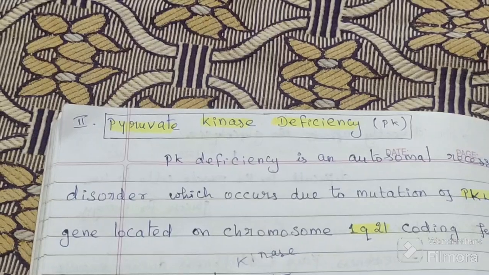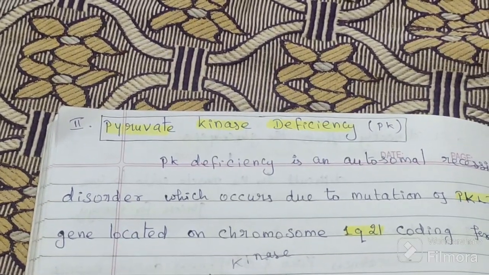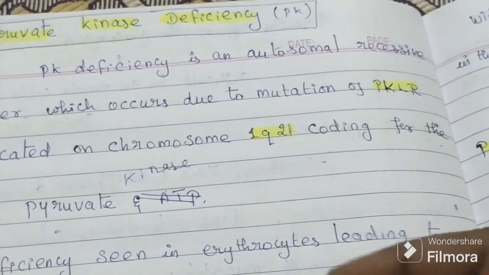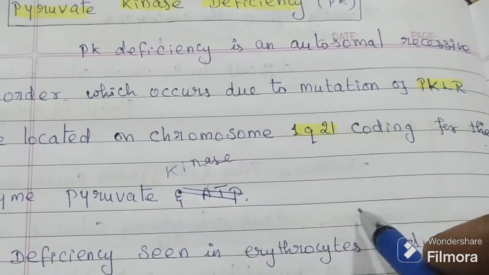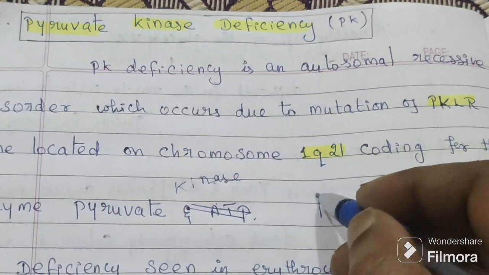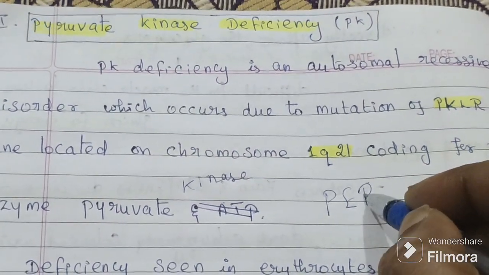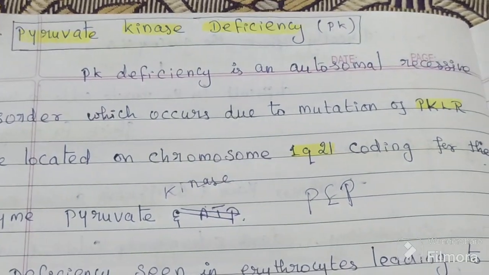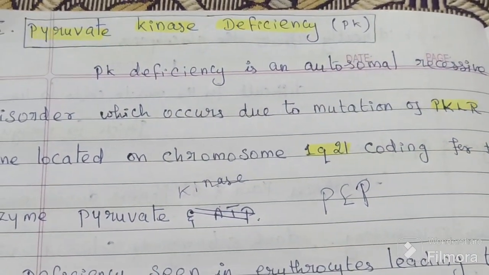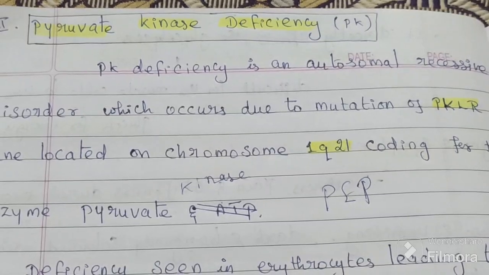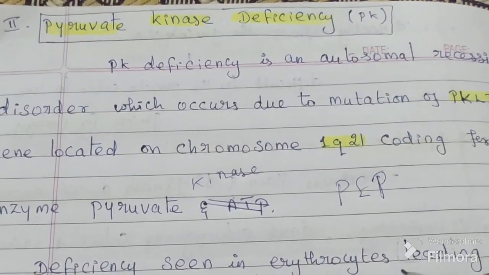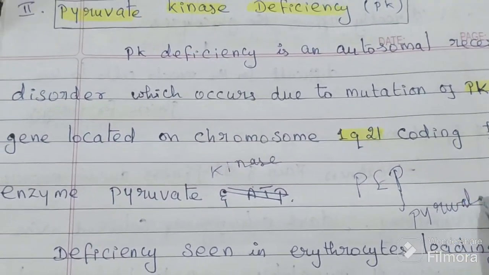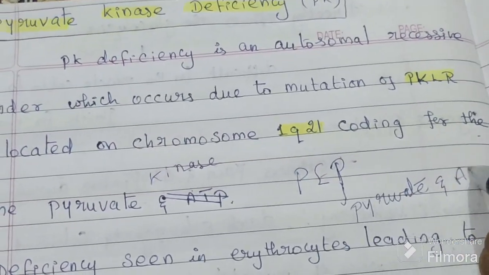So this pyruvate kinase enzyme in the glycolytic pathway helps in the transfer of a phosphate group from phosphoenol pyruvic acid to ADP molecules, resulting in the formation of pyruvate and ATP.